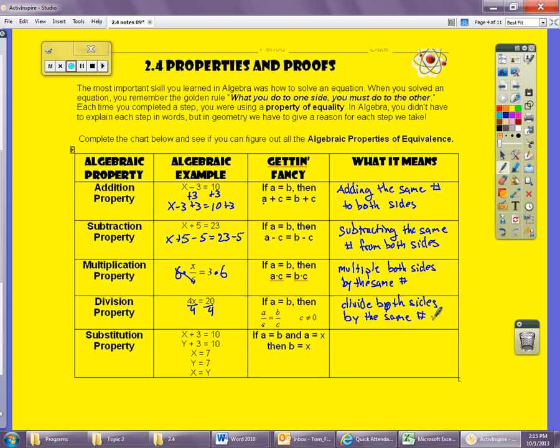So our substitution property: if x plus 3 equals 10 and y plus 3 equals 10, we can say that x equals 7, y equals 7, so x equals y. Well, if a equals b and a equals x, then b equals x. Getting a little fancy, what we can say here is we're replacing a variable with a known quantity.